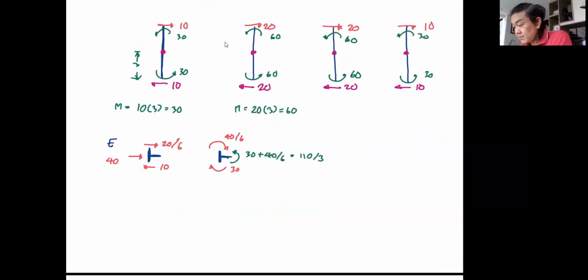Maybe. So now from this, you know the end moment of this member, which is the member EF now. Okay? So now you know that this moment is 110/3.